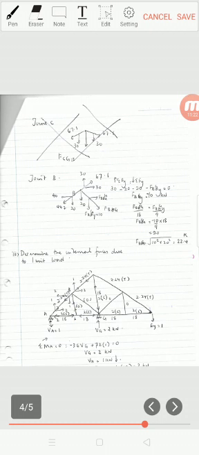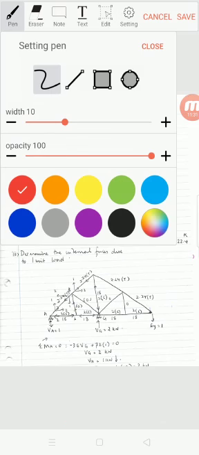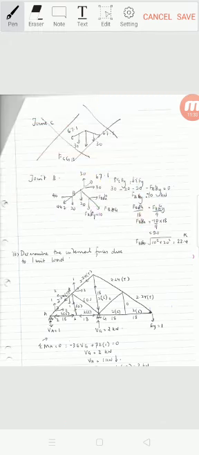Let's see now. We start with A. We have VA equal to 1 acting downward. Therefore, the AB force acting upward here should be 1 also.